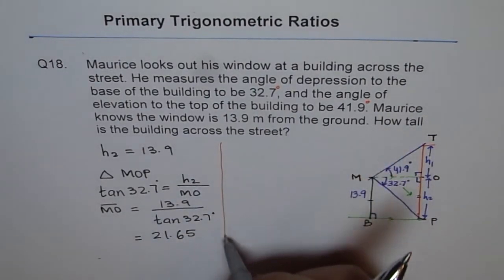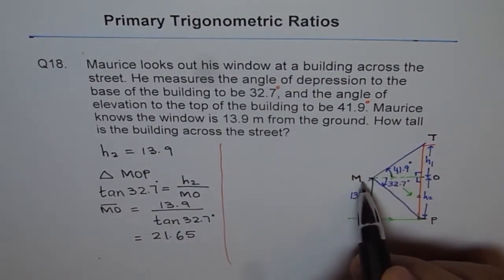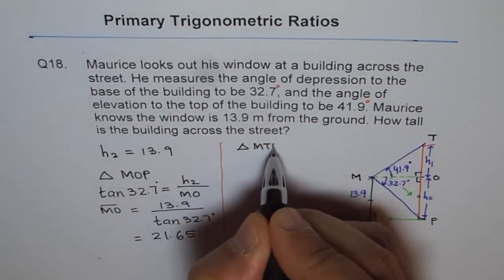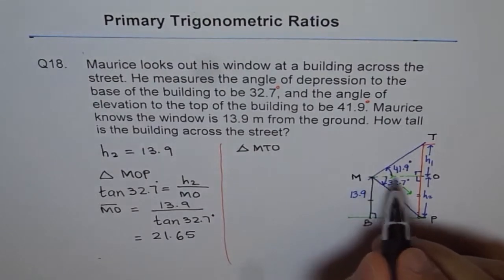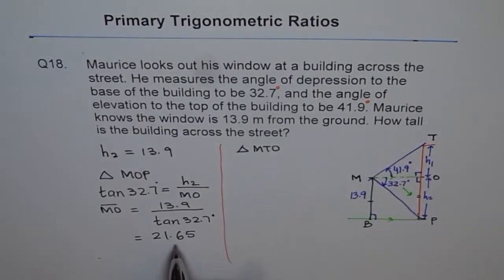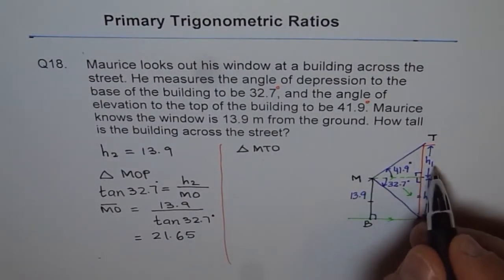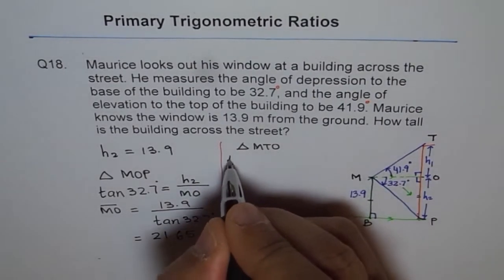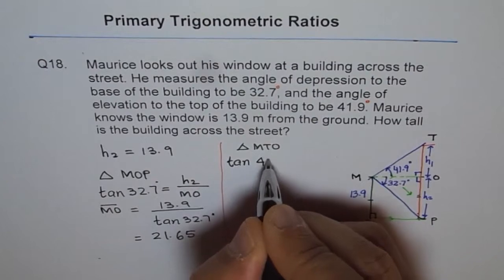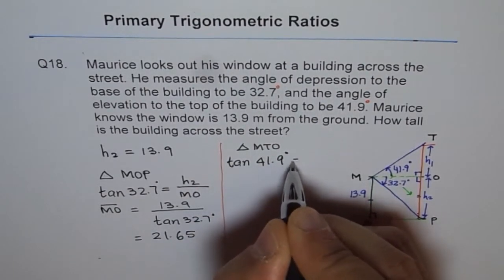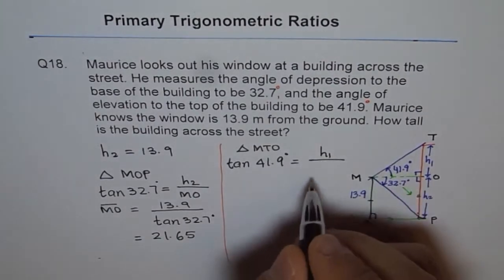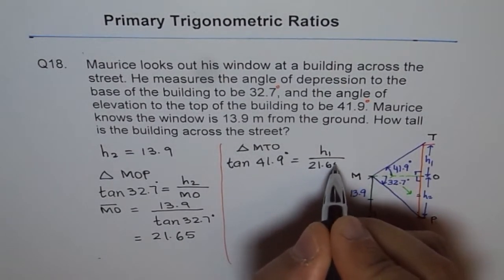So we know what MO is, right? Now once we know MO, we can solve the other triangle, MTO. So in the triangle MTO, now we know MO, which is 21.65. We can find h1. So we know tan of 41.9 degrees is equal to h1 over MO, which is 21.65, right?